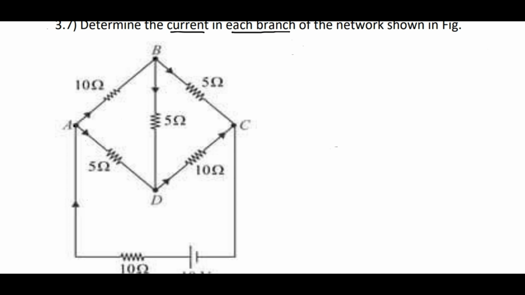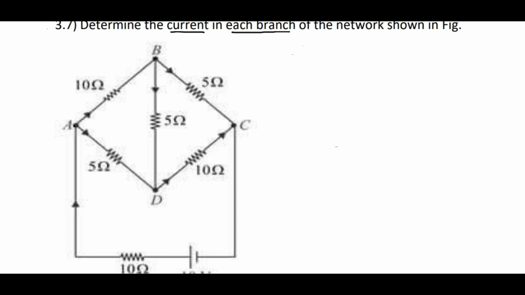But this Wheatstone bridge is not a balanced Wheatstone bridge. It is an unbalanced Wheatstone bridge. Why? Because it is not satisfying the balanced condition. 10 by 5 is not equal to 5 by 10.